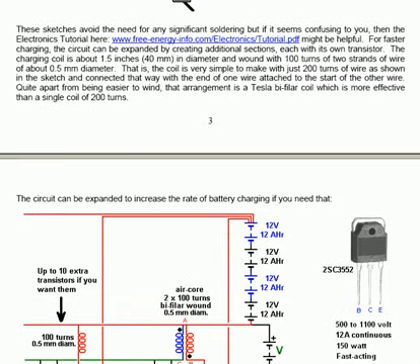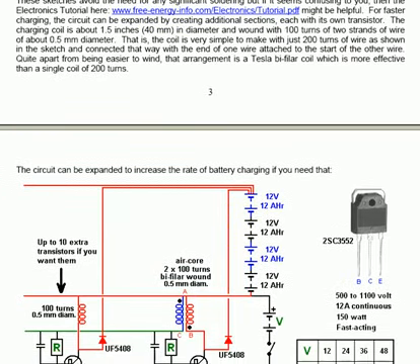That is, the coil is very simple to make, with just 200 turns of wire as shown in the sketch, and connected that way with the end of one wire attached to the start of the other wire. Quite apart from being easier to wind, that arrangement is a Tesla bifilar coil, which is more effective than a single coil of 200 turns.